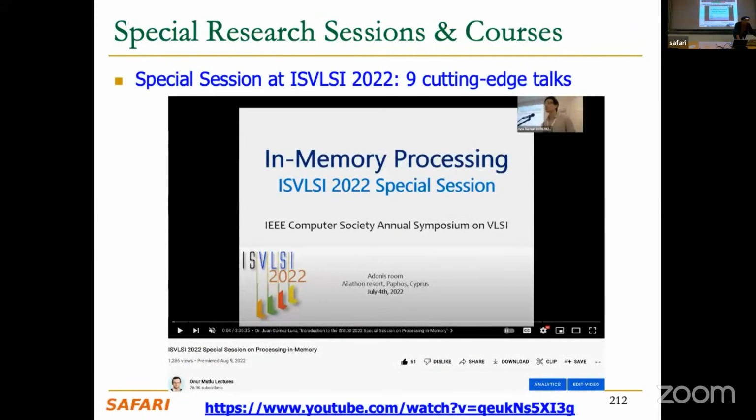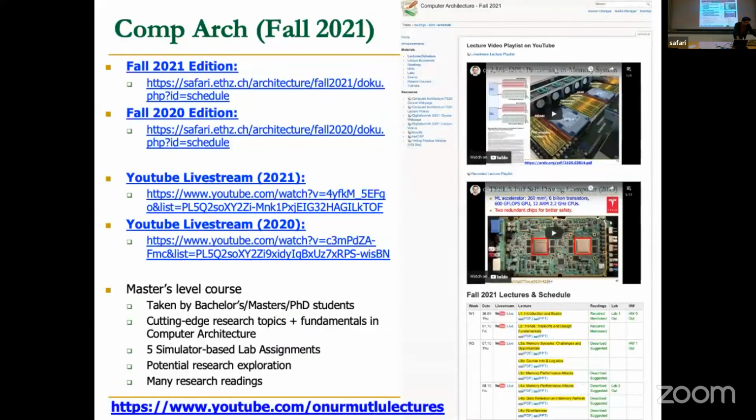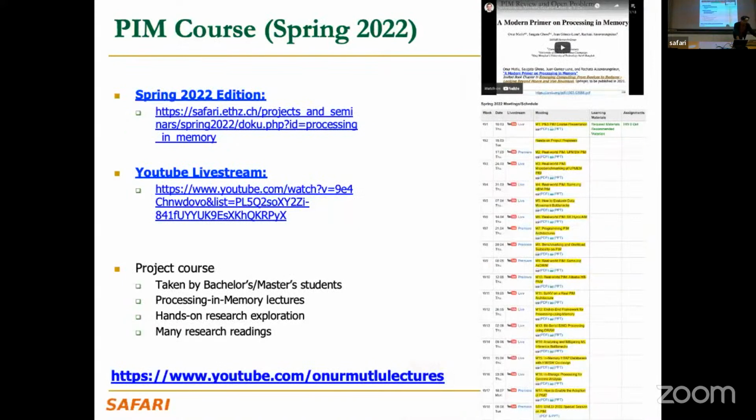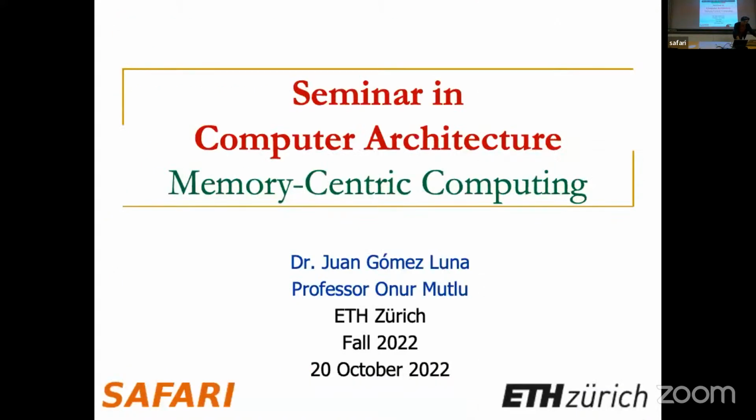We have talked about some of the issues and potential solutions in multiple talks, like for example this special session that we organized in the IES-VLSI conference last summer. And you can find much more in our courses, such as the computer architecture course that is now taking place on Thursdays and Fridays, and all these PIM courses that I mentioned earlier.